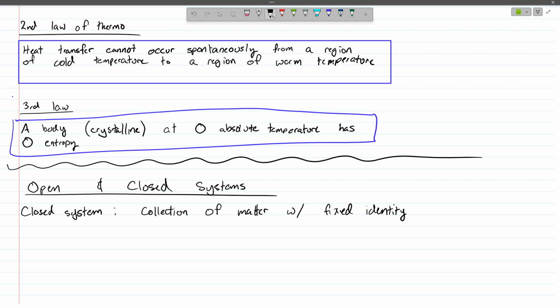In fluids, we just referred to these as systems, right? A system was a closed system. So this is basically tagging all the molecules that make up some region of a thing and saying those elements of matter are forever part of this system. And so the mass of a system is conserved, the momentum of a system is conserved, the energy of a system is conserved, etc.